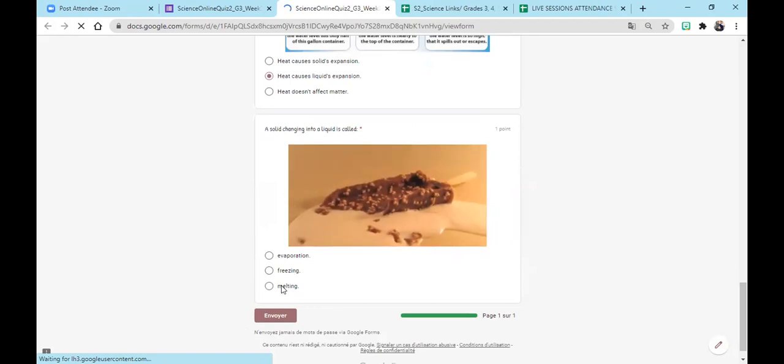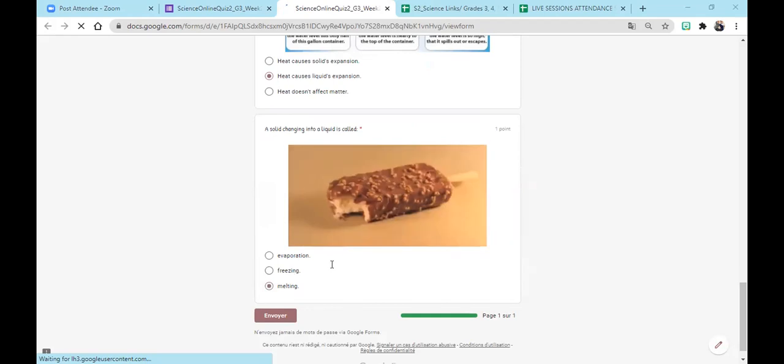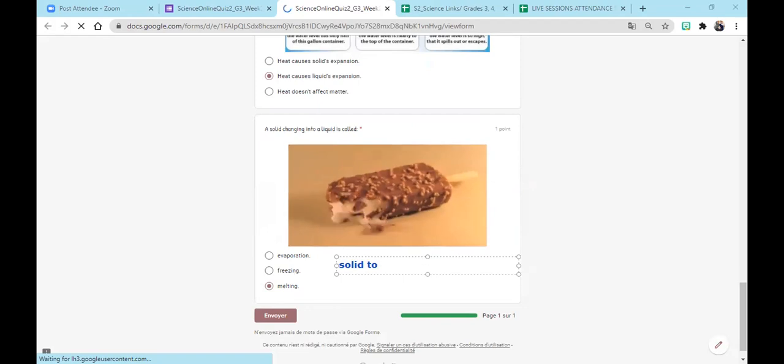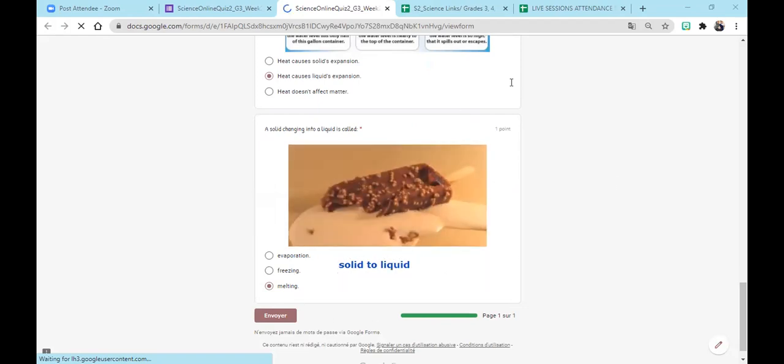Melting. So tell me, when things melt, they turn from which state to which state? Solid to liquid. Bravo. They turn from solid to liquid. Thanks a lot. You did an amazing job.